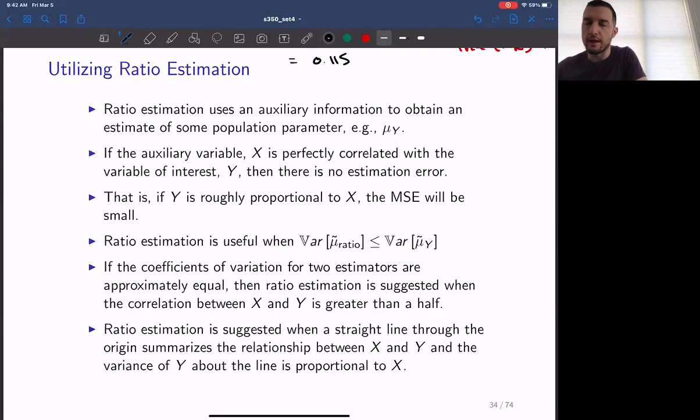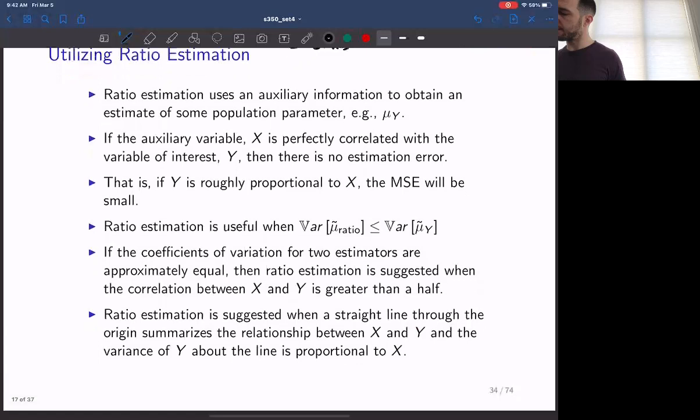But the general idea is instead of collecting one measurement, you collect two measurements. The second measurement would be what we call an auxiliary variable, which just means additional variable. And this variable is correlated with the variable of interest. And we can exploit that correlation to find an estimate of the average or an estimate of a total, for example. Or if the data is structured in a particular way, we can use it to find an estimate of a proportion like we did in the previous illustration.